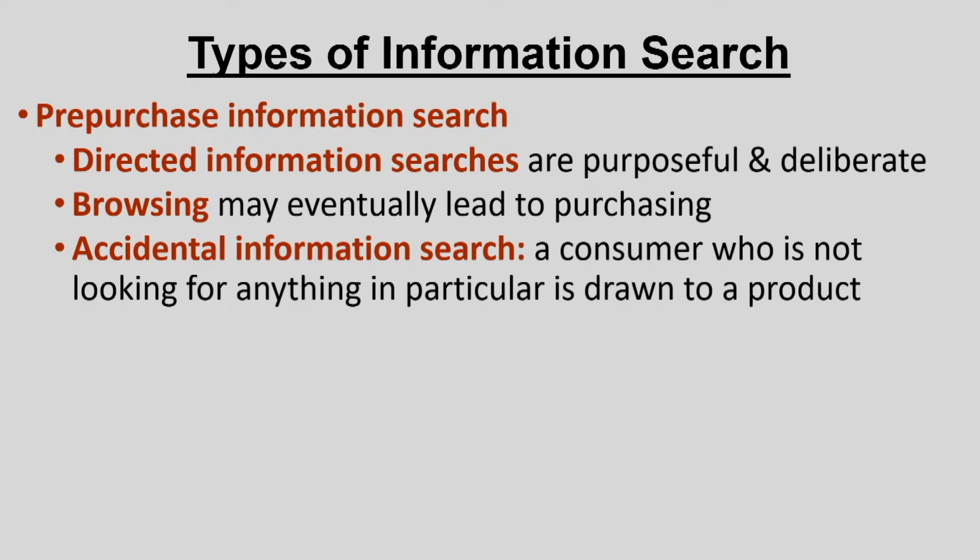Now in the pre-purchase information search, the consumer starts looking for information about the products, looking for a greater variety of products, looking for whether a product is available or whether it can satisfy his needs or not, and how fit the product is for his needs. All this information he starts looking for even before he starts buying that product, and that kind of information search is basically the pre-purchase search.